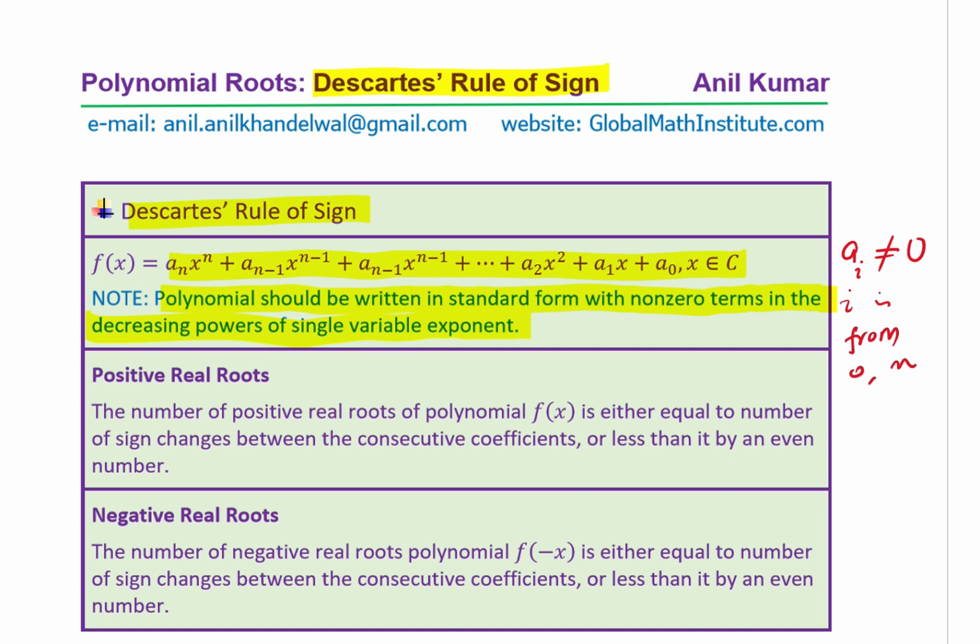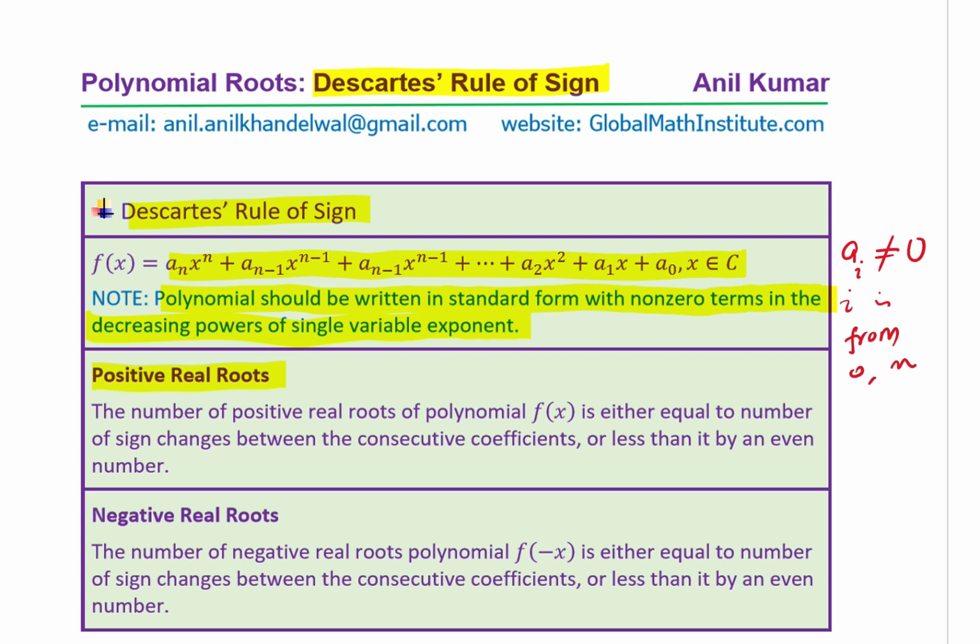Okay, that means non-zero terms. Now let us figure out the rule for finding positive real roots. The number of positive real roots of a polynomial f of x is either equal to the number of sign changes between the consecutive coefficients or less than it by an even number.